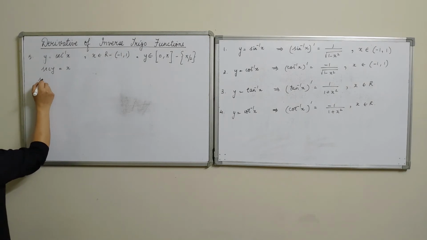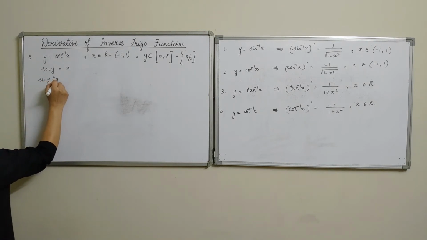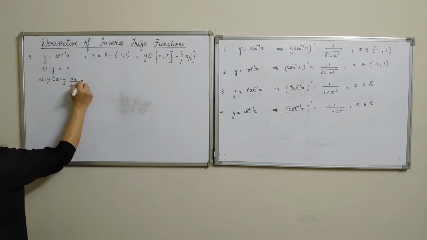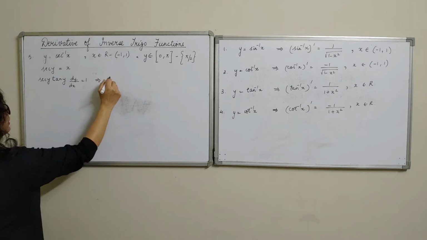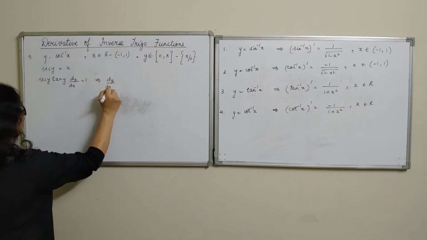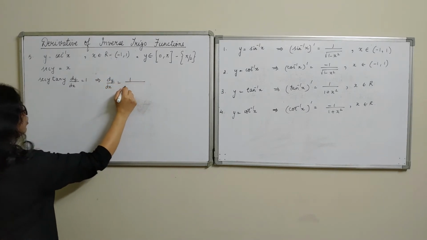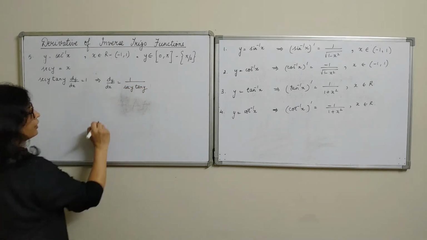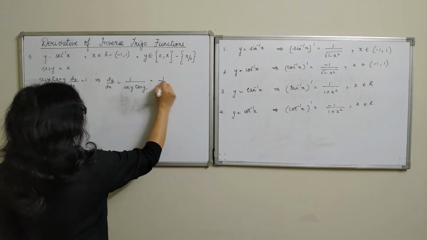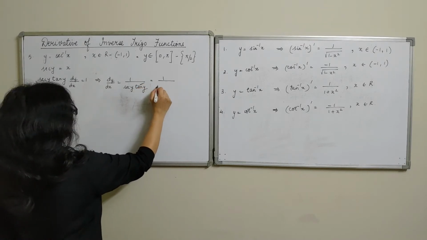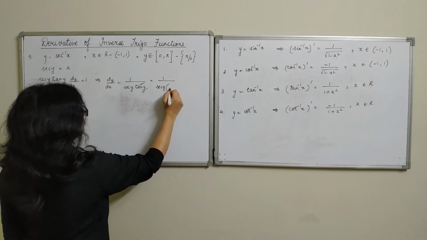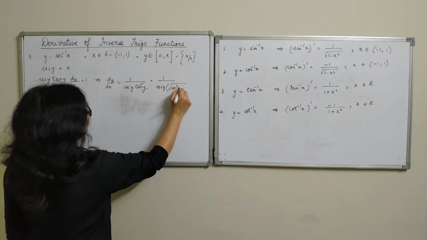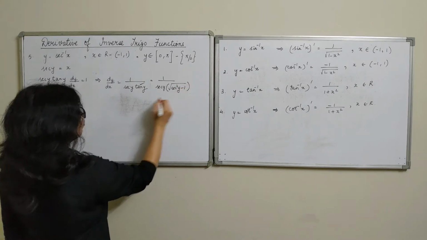So derivative of sec y is sec y tan y dy by dx, which is 1, which means that dy by dx is 1 upon sec y tan y, and here this tan y we can write down as square root of sec square y minus 1.